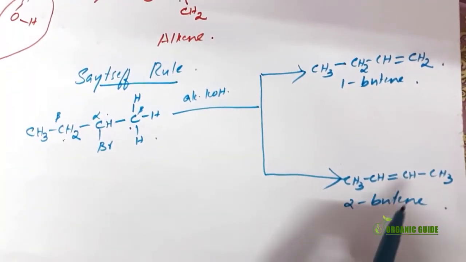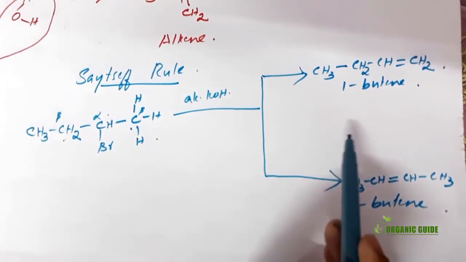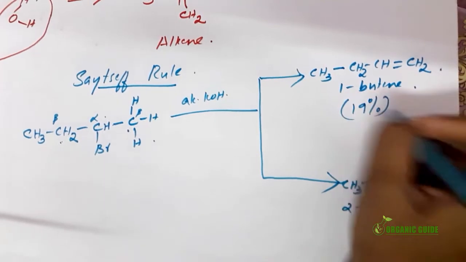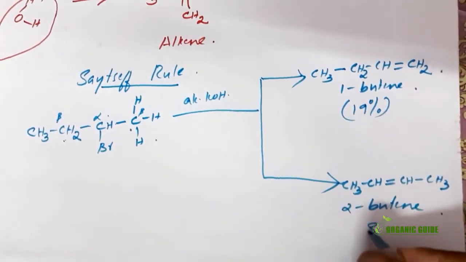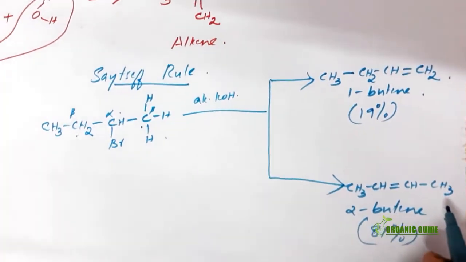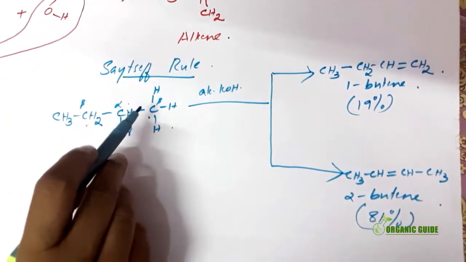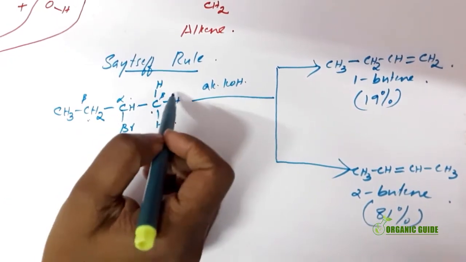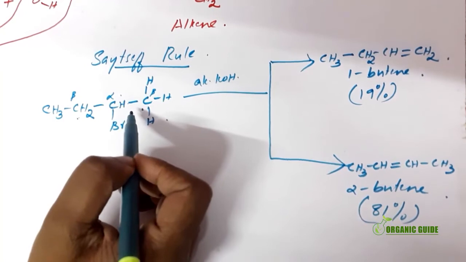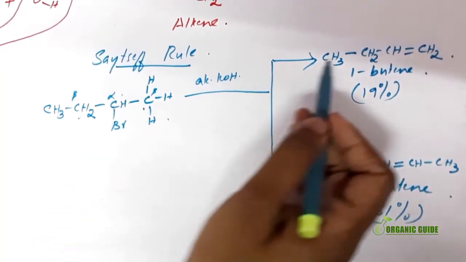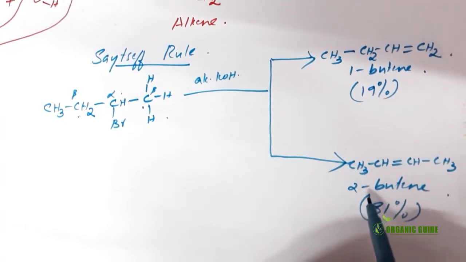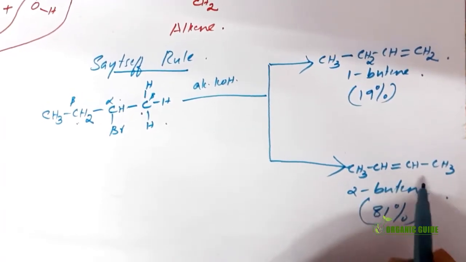On experimental determination, this 1-butene will be 19% and 2-butene will be 81%, that is the major product. So according to Zaitsev rule, if dehydrohalogenation of any alkyl halide gives two products, the major product will be the highly substituted alkene.